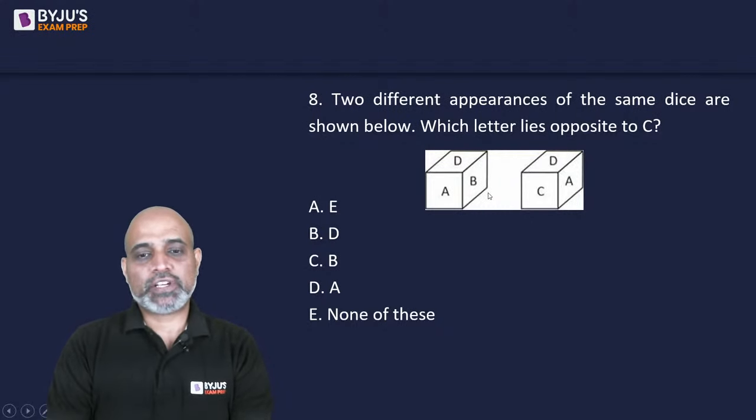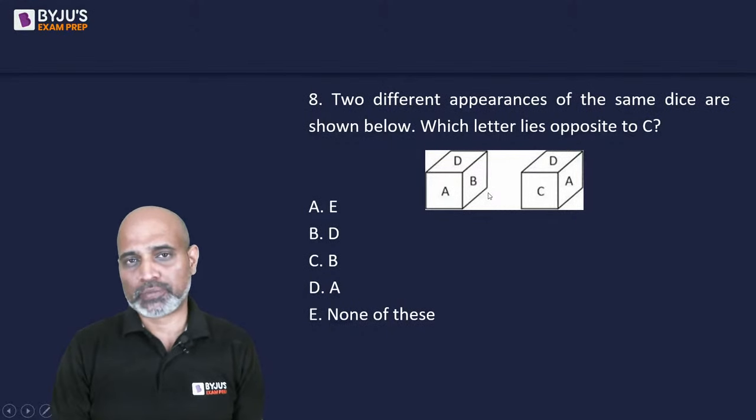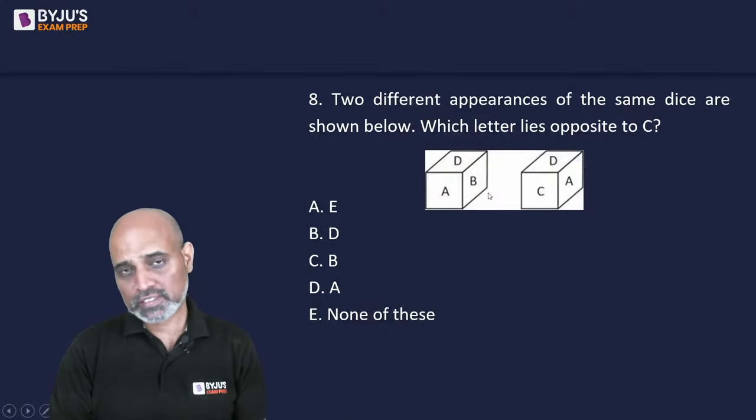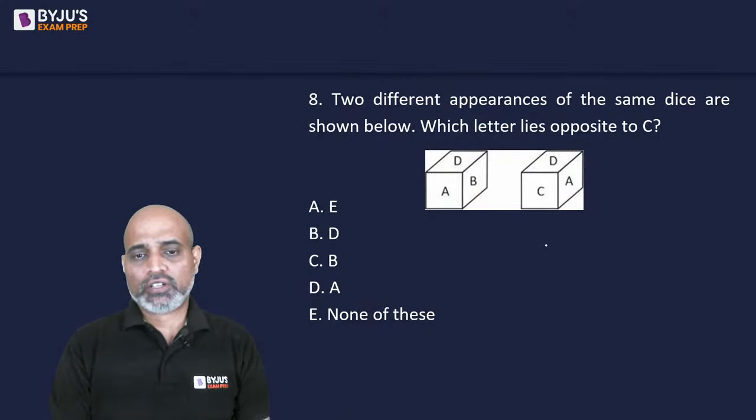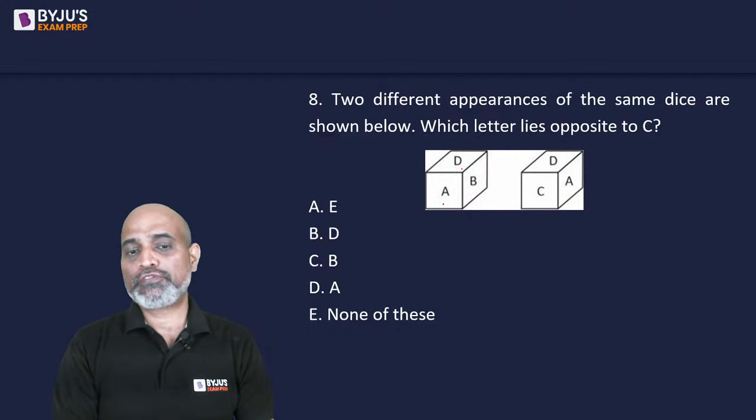So how do we deal with questions like these where you have dice based questions? So there are only two types of dice possibility, right? Where we are asked opposite faces. So what do we do in such questions? You will find that there are two faces common. So this is a scenario.